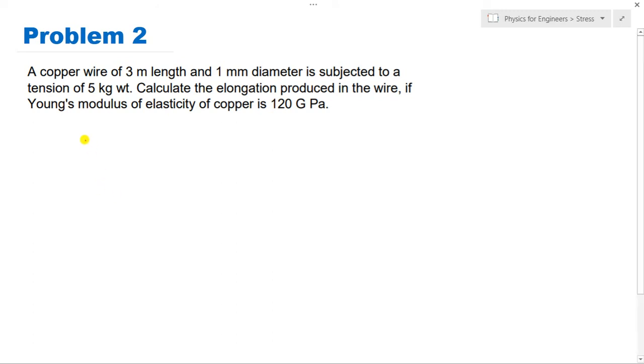Now, kung makakita mo ani, 5 kg weight, pasabot ana is, in order to convert that into a weight in terms of force, we're going to multiply that by acceleration due to gravity 9.81 meter per second squared para mahimo ta og newton. So in terms of newton, ang equivalent sa 5 kg weight is equal to 49.05 newtons.